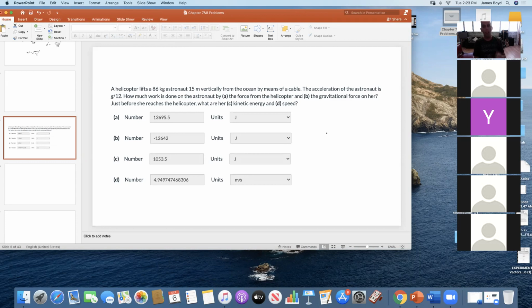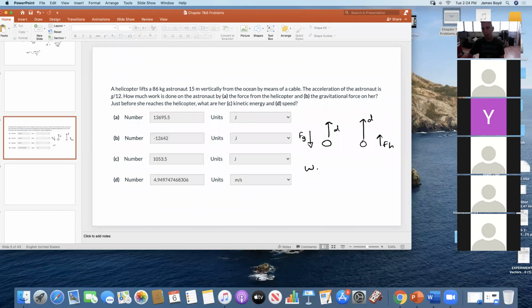There is a force due to the helicopter doing work on this astronaut. But there's also work being done by gravity. So if the astronaut were bouncing on a trampoline and went up, the force of gravity would be down and the astronaut would go up. The force due to the helicopter is up while the astronaut goes up.